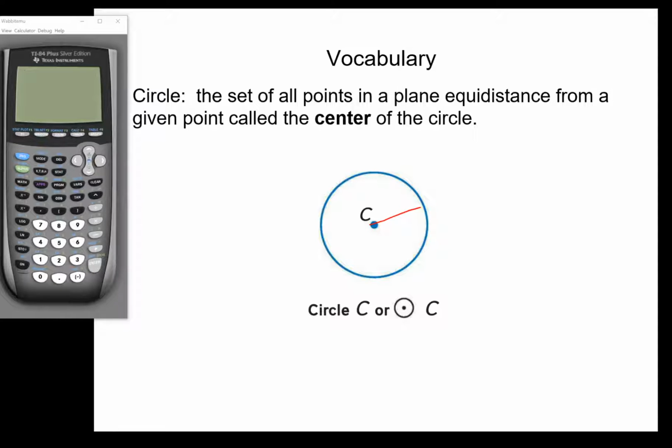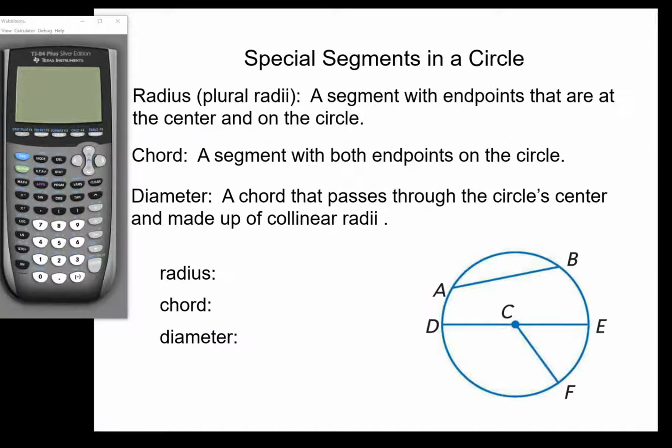Now notice if I rotate this line around, everywhere that I go, all these points are an equal distance from it. Notice that our symbol looks exactly like what it's describing. It's a circle. So we call this circle C, or the circle symbol C.